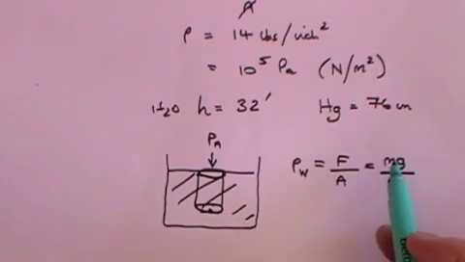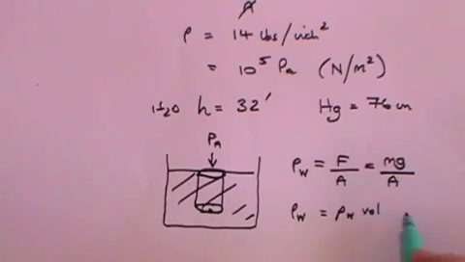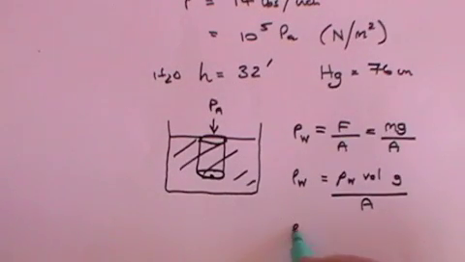But what is the mass? Well, as before, we can say that the mass is the density of water multiplied by the volume of water. So the pressure is equal to the density of water times the volume of water times g divided by A. And what is the volume?